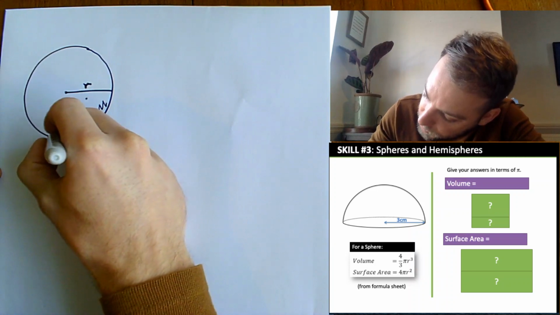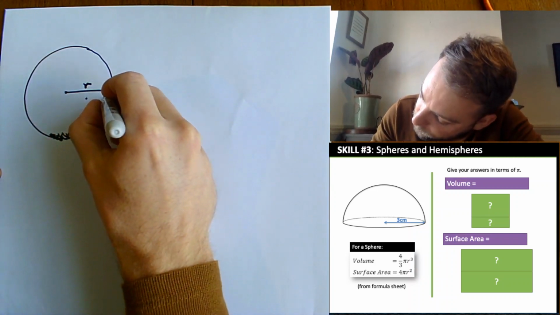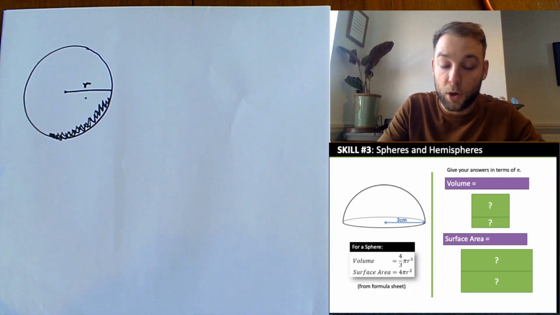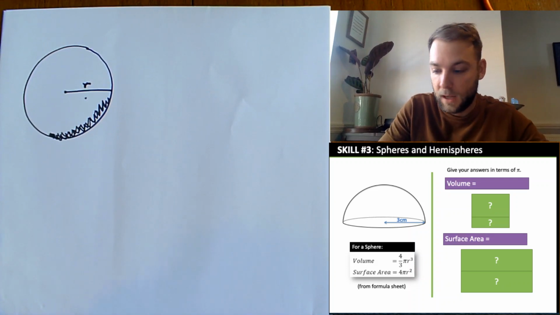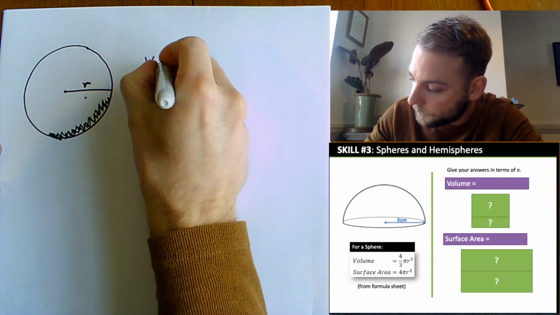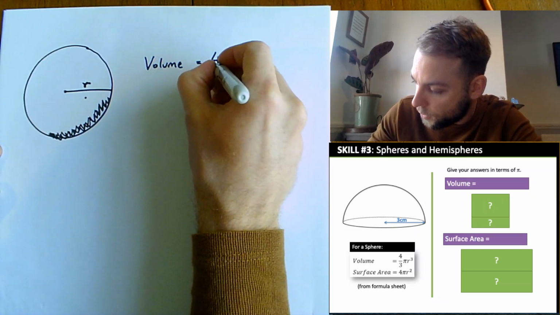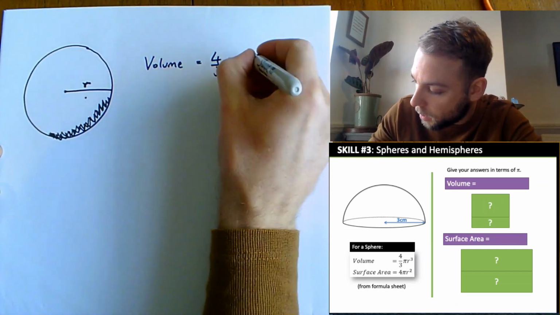Remember, you must make sure you're copying all of this into your books or into your notes. You can only learn maths by doing it. And then the volume of this is equal to 4/3 pi r cubed.